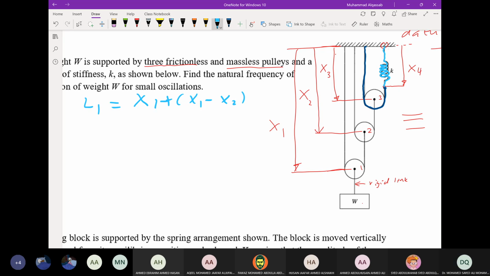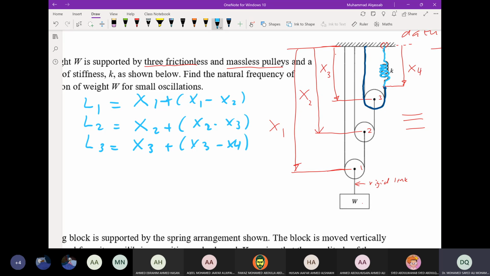And L2 is x2 plus x2 minus x3. And the last one is L3 equals x3 plus x3 minus x4.